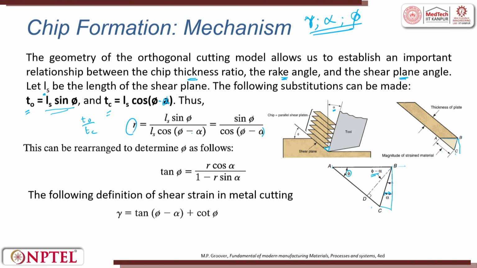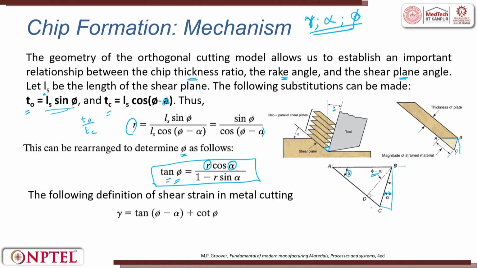Rearranging, we get sin phi divided by cos of phi minus alpha. This can be rearranged to determine phi as: tan phi is equal to R cos alpha by 1 minus R sin alpha. This gives me a relationship between shear plane angle, cutting chip thickness ratio and the rake angle.